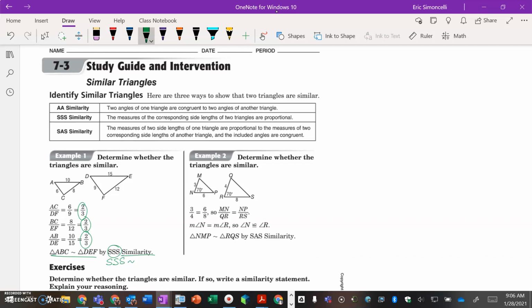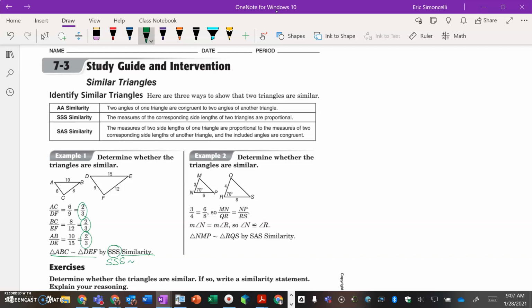MN is to QR as NP is to RS. All right, but that's not enough. We just have side and side to compare. We should still look at the included angles, and as you can tell, because they're both 70 degrees, angle N is equal to angle R.